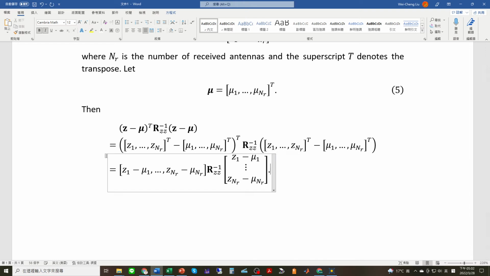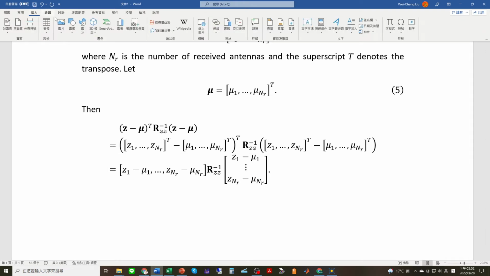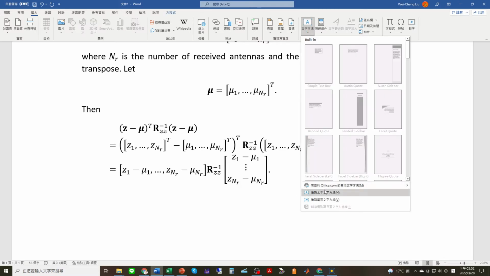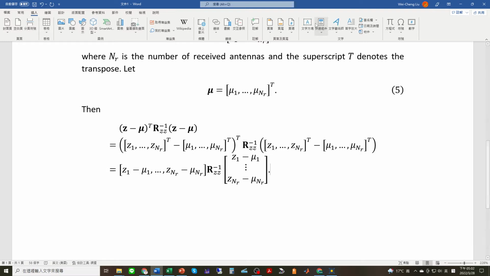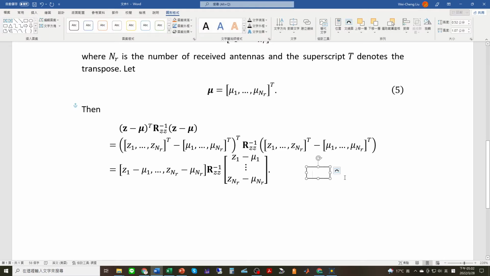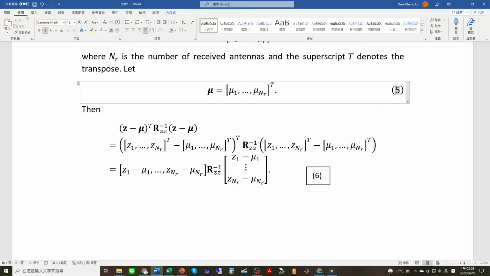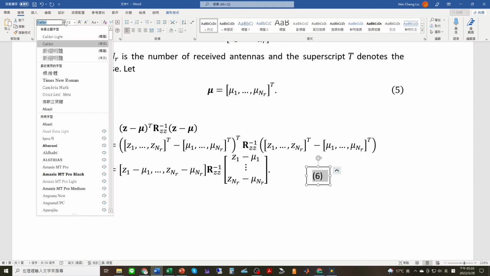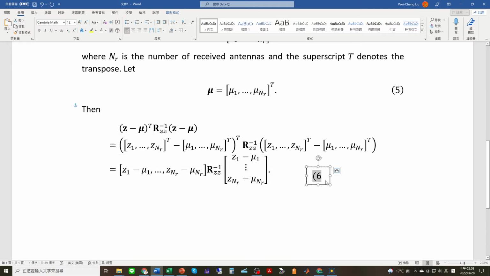So let me add a block and 6 like this. And I change this to Cambria Math.